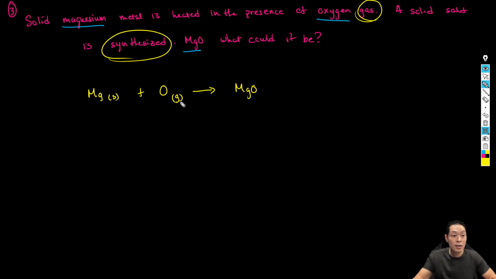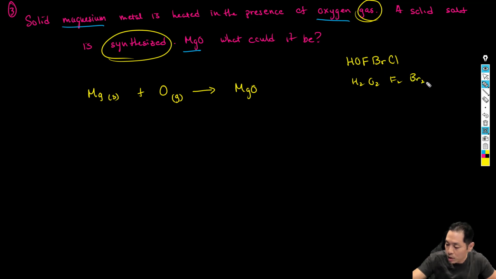So oxygen being what it is, it likes to be in pairs instead of being by itself. So these are all the gases that like to be diatomic, being in pairs. I memorize it as Hofbrinkel. So hydrogen, oxygen, fluorine, bromine, and chlorine, they all like to be H2, O2, F2, Br2, Cl2.